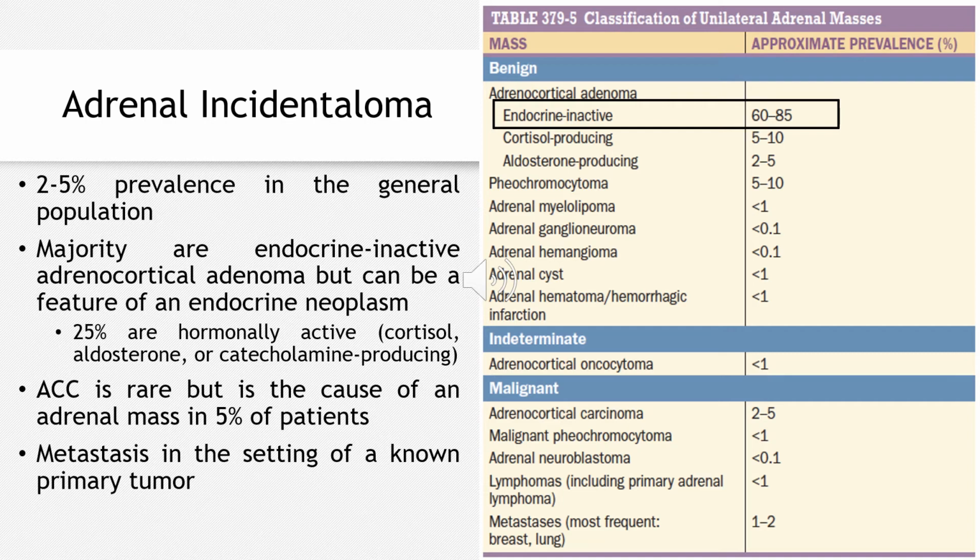The majority are endocrine inactive adrenocortical adenoma but can be a feature of an endocrine neoplasm. 25% are hormonally active, either secreting cortisol, aldosterone, or catecholamine producing lesion or a combination of these. Adrenocortical carcinoma is rare but is the cause of an adrenal mass in 5% of patients. In the setting of a known primary tumor, an incidentally discovered adrenal mass may indicate metastasis.